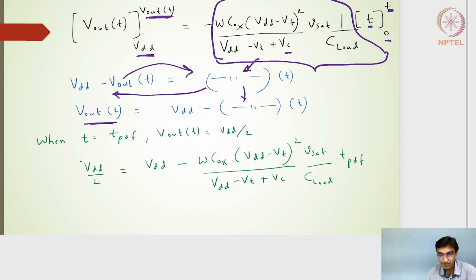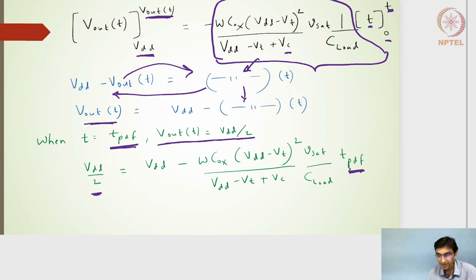Right, and if I put V out equal to VDD by 2, that particular time instance will be the propagation delay falling. So that's what we get. If I put V out equal to VDD by 2, the time instance is nothing but TPDF.